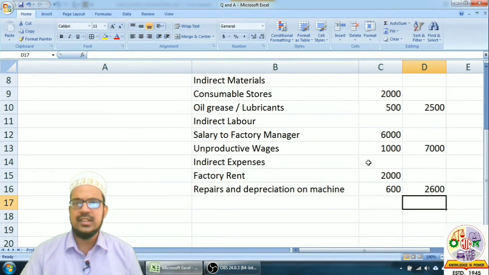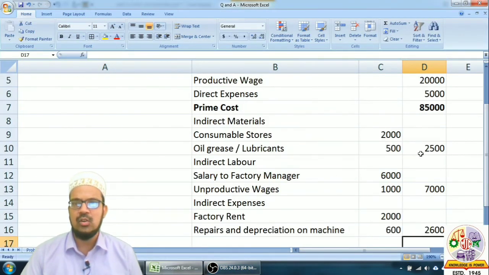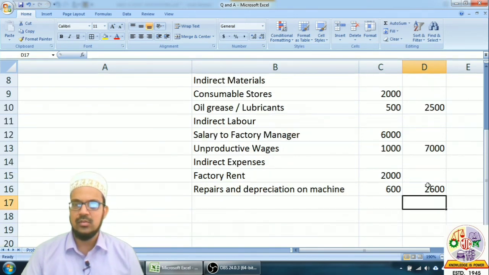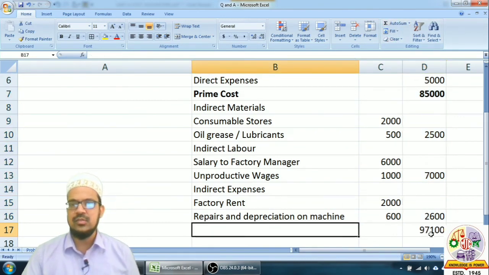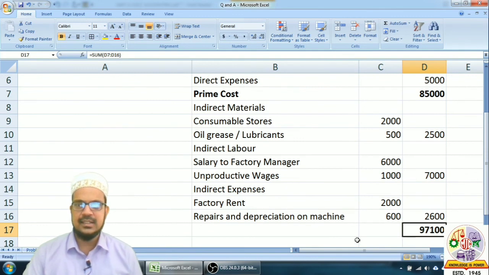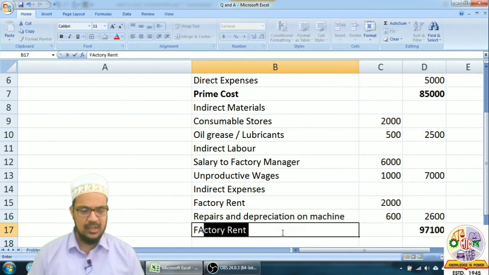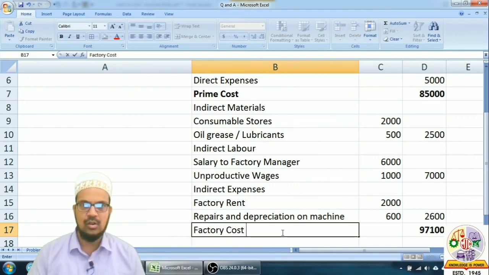Now you will just take the total of this outer column. We'll just take the total of 85,000 plus these amounts. So take a calculator and do this total. The total comes to 97,100, and this 97,100 is nothing but the factory cost.